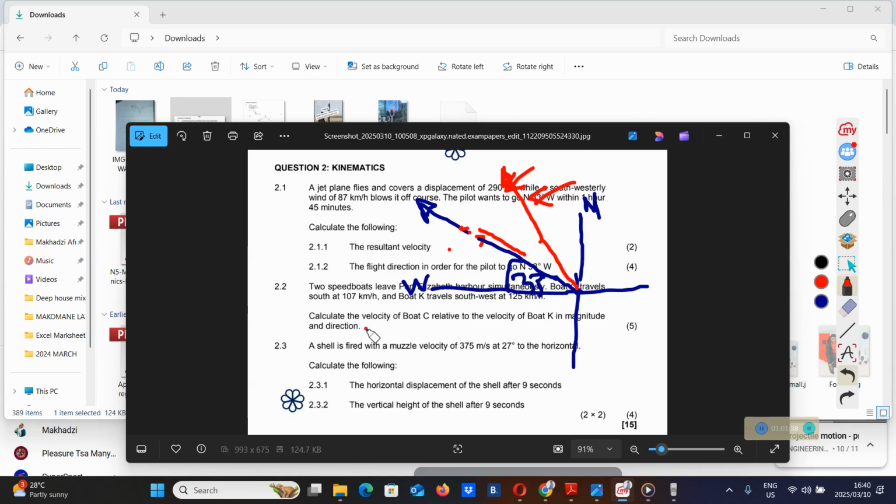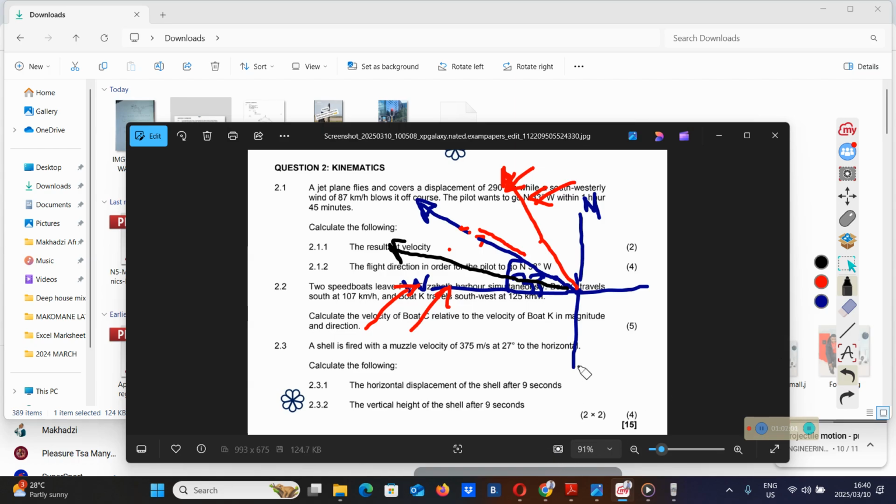So now if the wind blows from this direction, then the pilot must make sure that he steers to take this direction, knowing that this wind is going to push this thing upward, then it will end up moving in that direction, in the direction of the blue line. So now let's get where this wind is coming from.